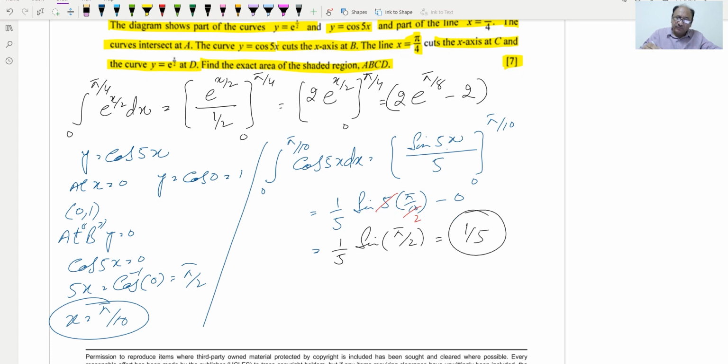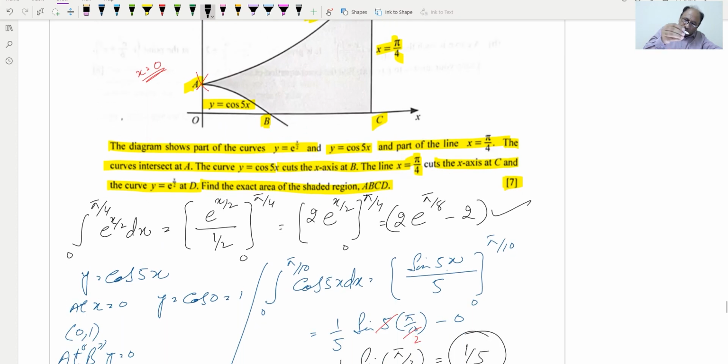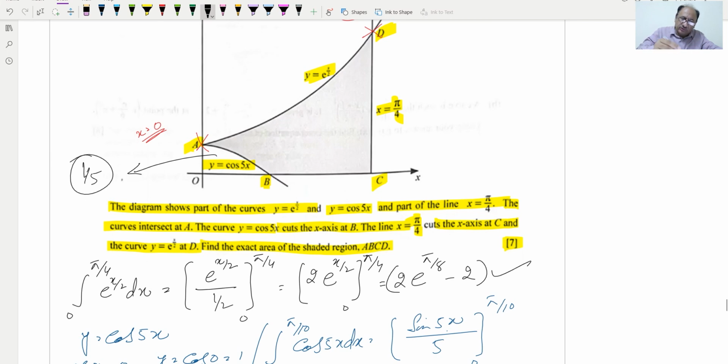Now we will be subtracting this from the earlier value, because the white portion we have to remove. This white portion we calculated is 1 by 5, and the whole portion which we calculated is 2 e raised to the power pi by 8 minus 2. This is not the shaded part, this is basically the whole portion, including this white portion also.